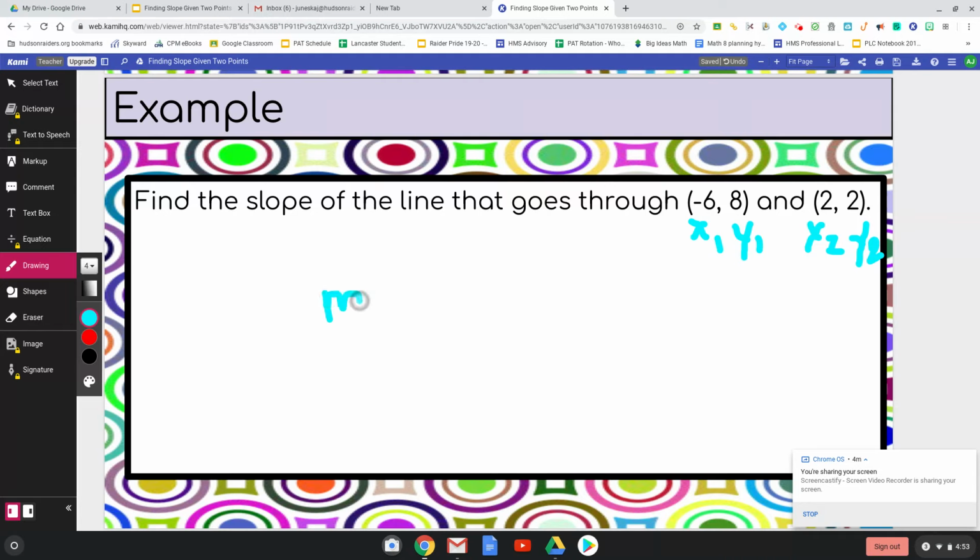So slope, remember slope is referred to as m, equals y2, which is 2, minus y1, which is 8, all over x2, which is 2, minus x1, which is -6.